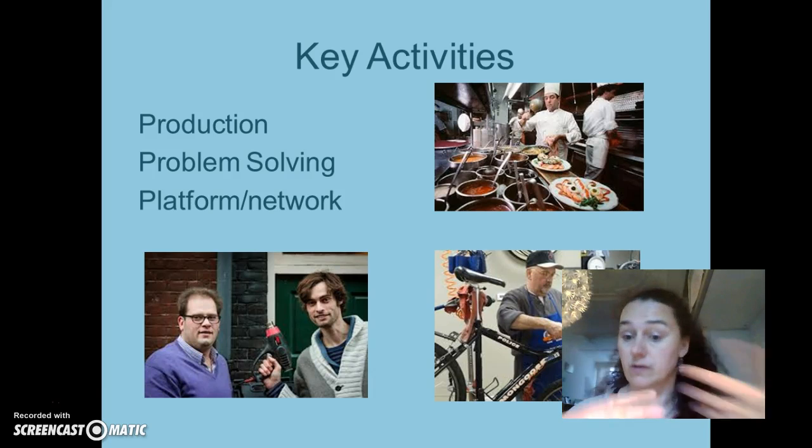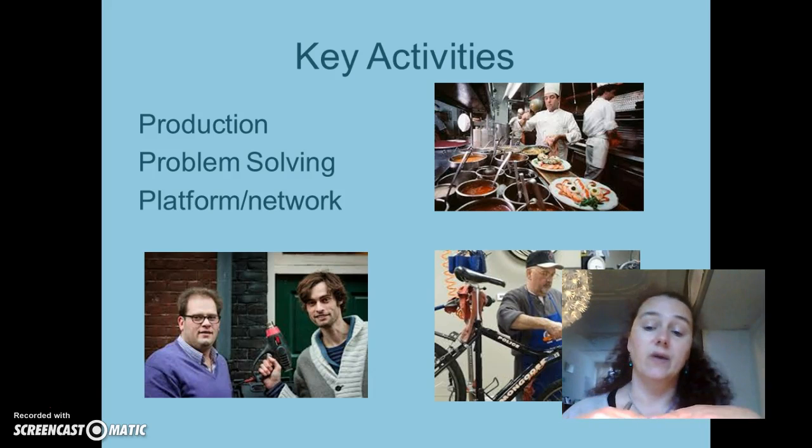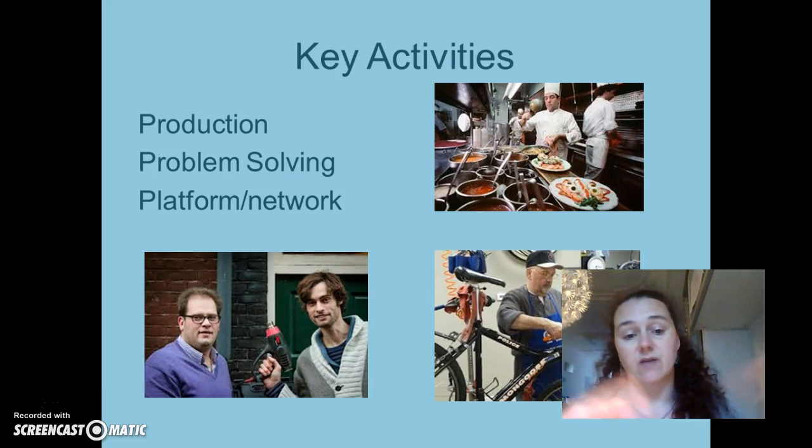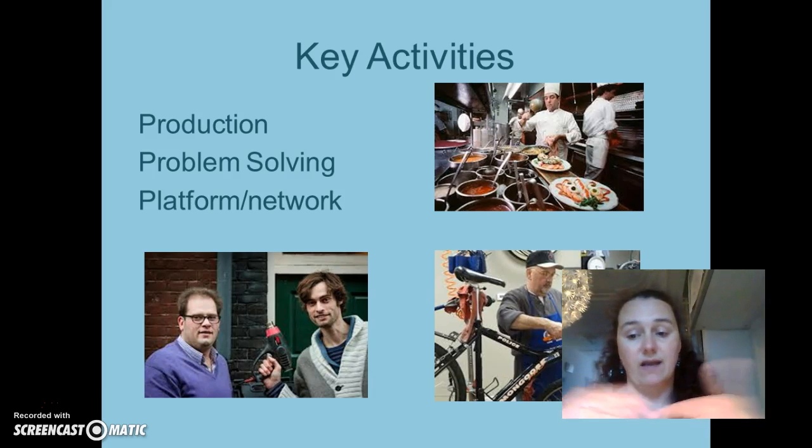Solving a problem: if you're a consultant or a designer or a bicycle repairman, then your key activity is solving problems for others. The third type can be providing a platform or a network. I don't know if you know the service Peerby, but it's a platform where you can register and ask to borrow stuff. So their key activity is delivering a platform or a network where people can connect and exchange information and, in the end, goods.